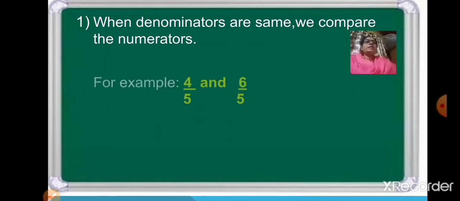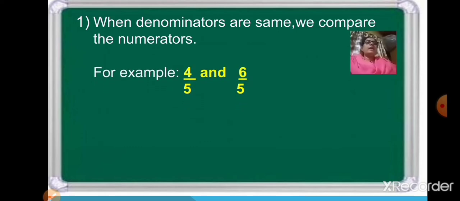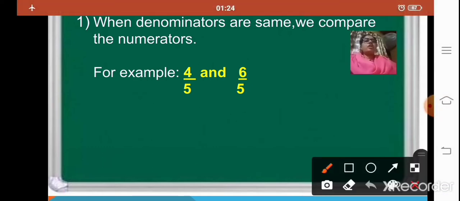For example, here 4 upon 5 and 6 upon 5. In these fractions, the denominators are the same. The numerators are 4 and 6. Out of 4 and 6, 4 is smaller than 6.